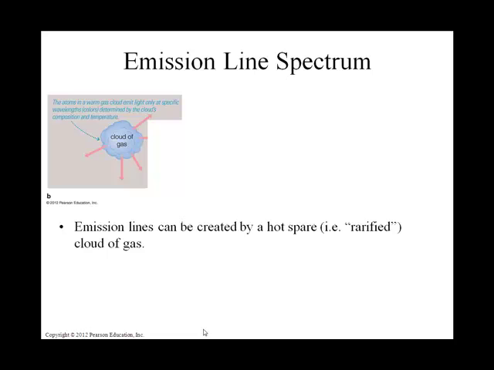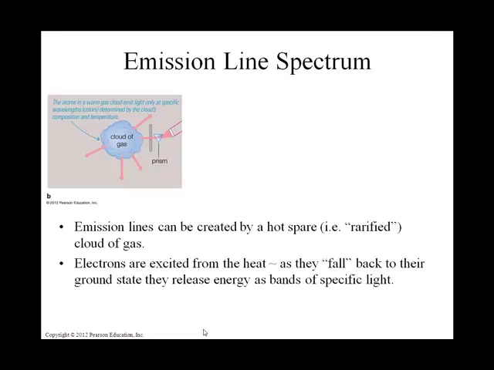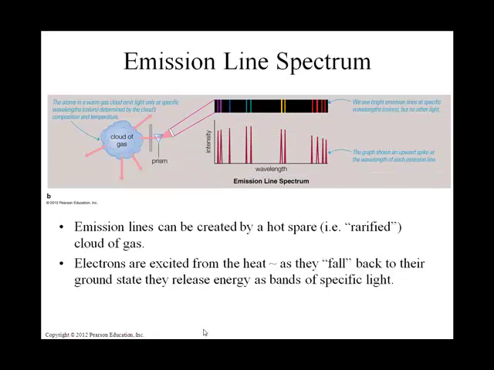Again, we have a hot gas, we have a cloud of gas, and electrons have been excited, and as those electrons fall back down, they emit light at wavelengths that are characteristic of the atoms the excited electrons are hanging around. Okay, this is Kirchhoff's second law.